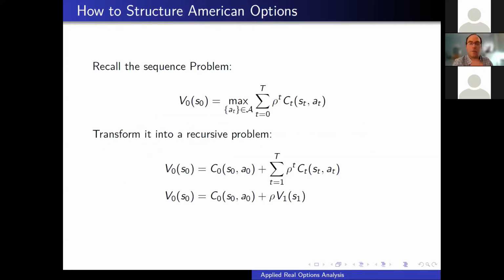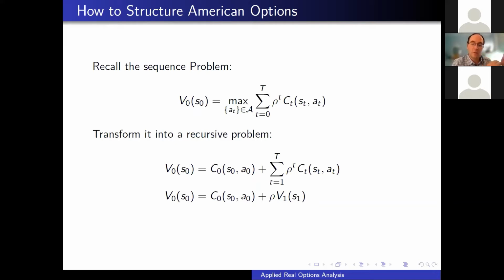So, how do we restructure this problem, which I will call the sequence problem, into something that we can solve? This is the same equation as before, where we're taking a maximum over a full sequence of actions. And of course, how are we going to choose a sequence? It's very difficult. Let's transform the problem into something we call a recursive problem.